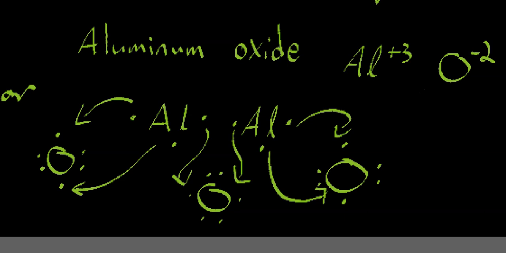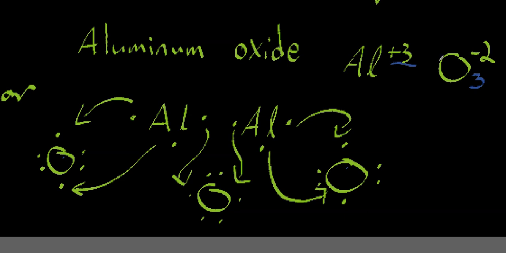A good trick, if you can figure out the charges on the atoms, is to see what the charge is on the cation. In this case, the aluminum has a +3. That tells you how many of the anions you're going to have. So we have 1, 2, 3 oxygens and a +3 charge on aluminum.